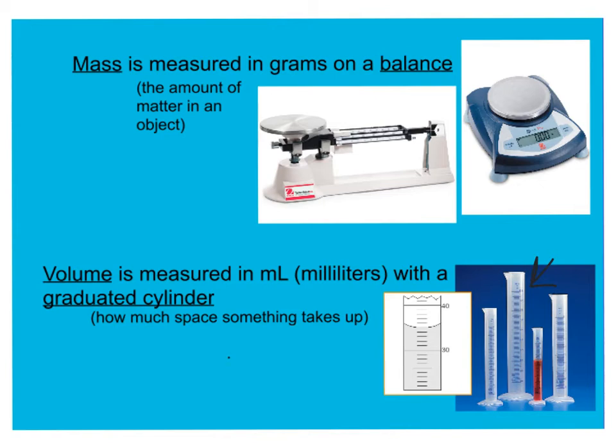We measure in milliliters, and that's how much liquid it takes up. You could also do this with solids, and you put something in here and then the water level will rise and you'll see the difference, that's the volume. So how much space something takes up versus how much stuff is in an object.